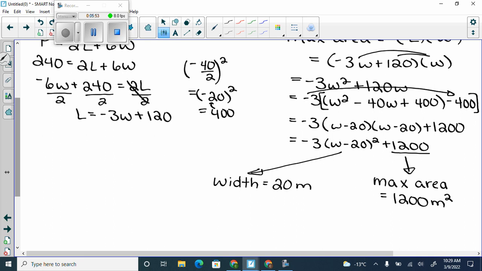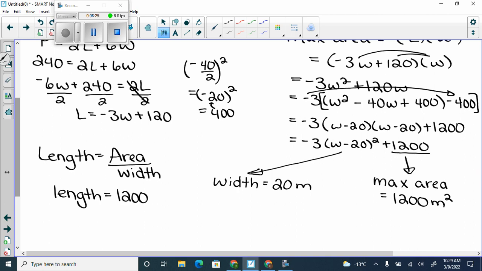I'm missing the length. Anyone remember how to find that? Anyone know? Yeah. Manipulate the area formula. So if I need length, it's area divided by width. If I need width, it's area divided by length. Correct? So if I need length, it's area divided by width. So my length is going to equal 1200 meters squared divided by 20 meters, which is 60 meters.